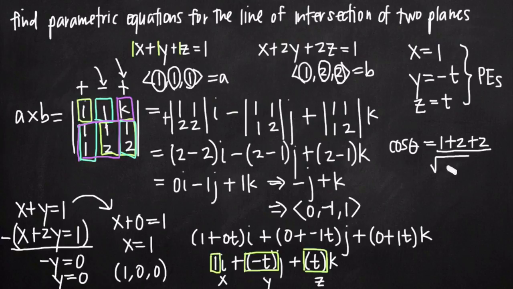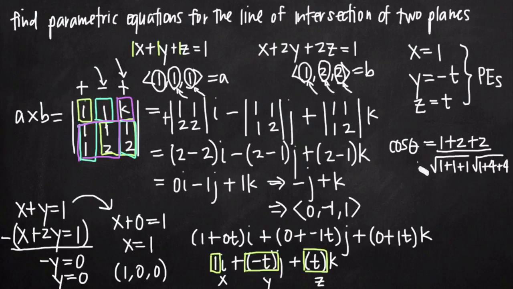So 1 squared is 1, plus 1 squared is 1, plus 1 squared is 1. So that is the magnitude of A. The magnitude of B is going to be 1 squared is 1, plus 2 squared is 4, plus 2 squared is 4, so plus 4.